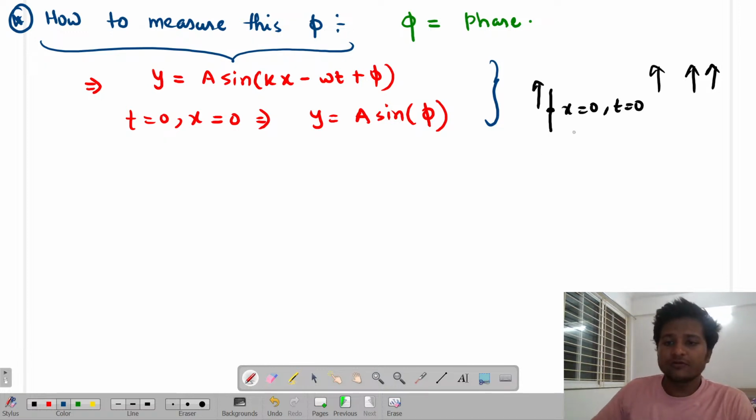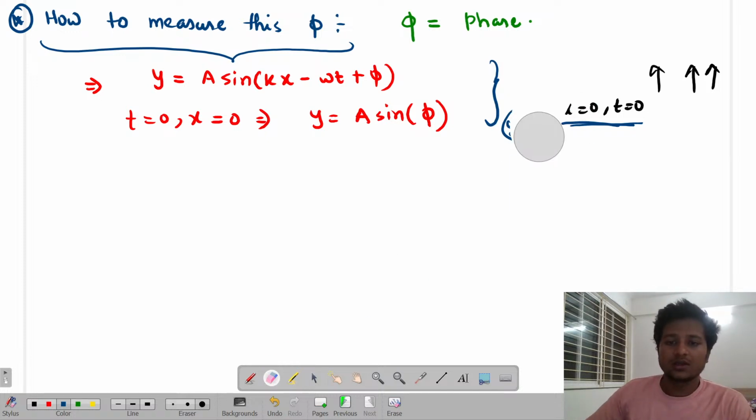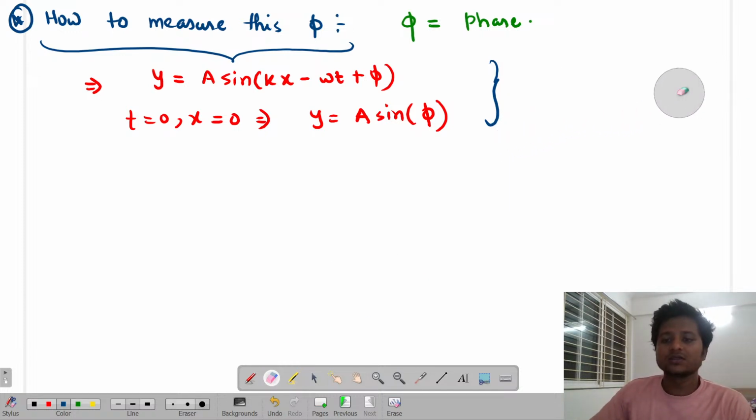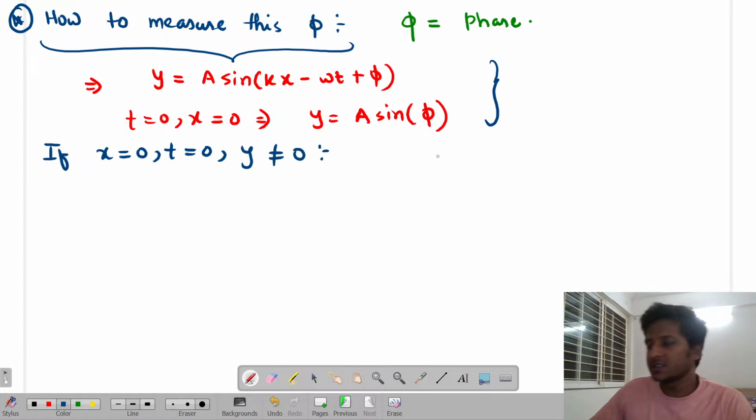So if at x equal to 0, t equal to 0, the initial displacement of the particles is not 0, then basically I'll have some phase constant to account for it, isn't it? So that's what we are doing. If at x equal to 0, t equal to 0, y is not 0, then how to measure this phi?